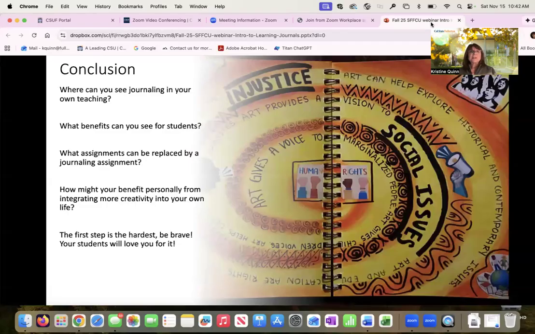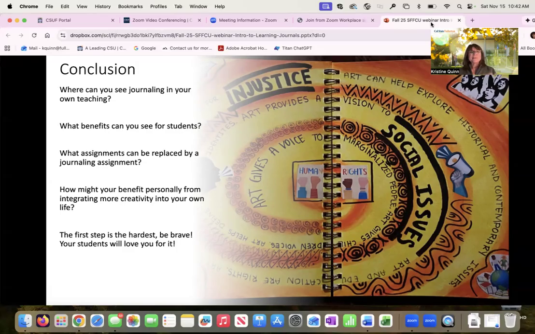What benefits can you see for your students? I want you to think about that right now. Do you think this would benefit students? I'm here to tell you that since 2012, I have firsthand evidence that this benefits students' learning and connects them to the content. And that when they create this visual representation, the content sticks to their bones.